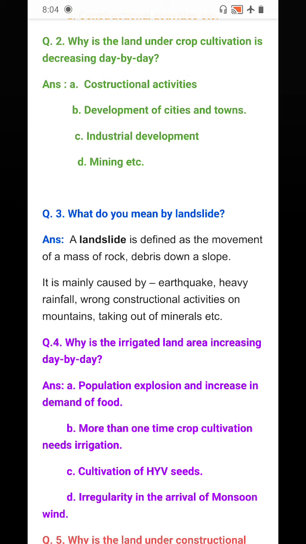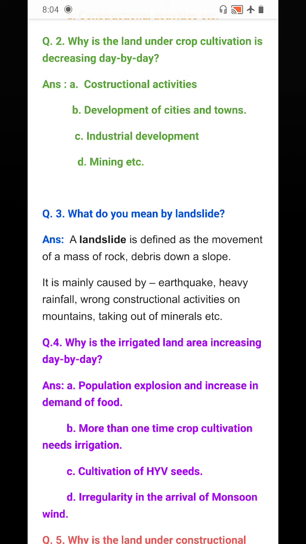That means I can give you one example here. If you wish to experience the mountainous region like the Himalayan mountain region, it may be Sikkim, Ladakh, Himachal Pradesh, Uttarakhand. If you want to experience the Himalayas in the rainy season, you will see that at some places the rock and debris is coming from the top of the mountain down the slope.